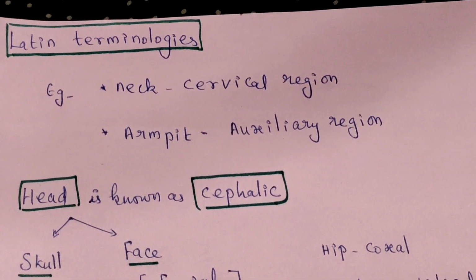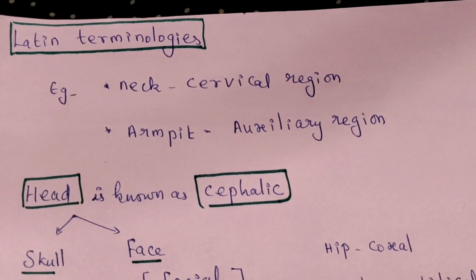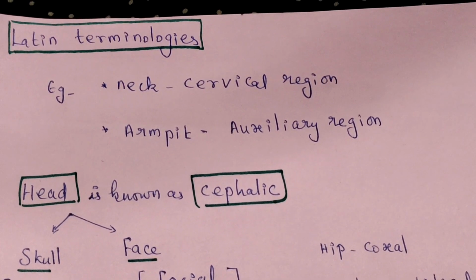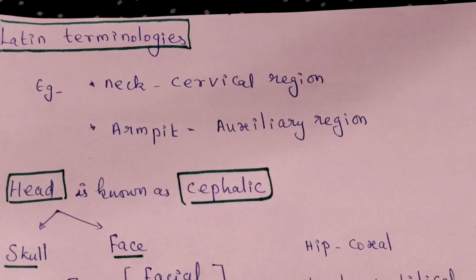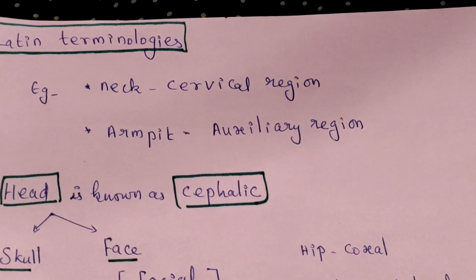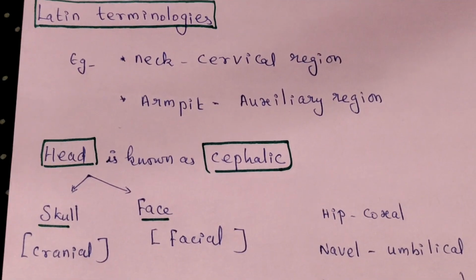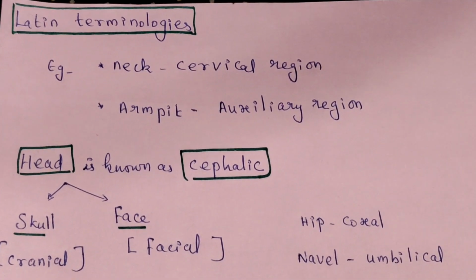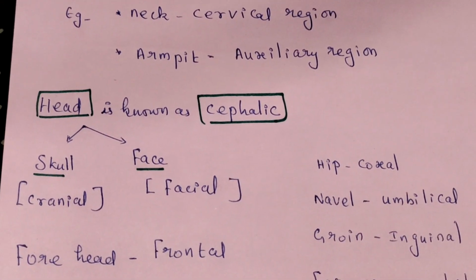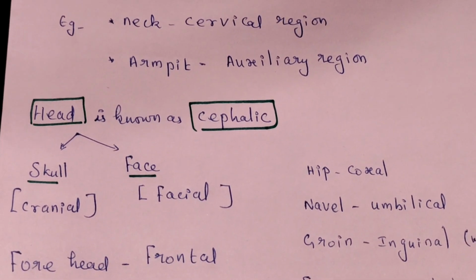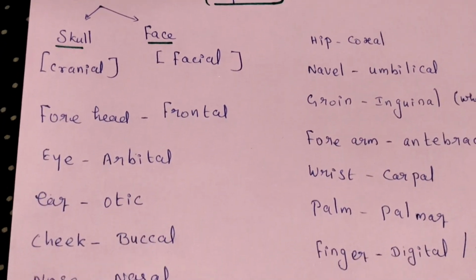We want to use Latin terminology, then only can we easily understand anatomy and physiology. For example, neck means we use the cervical region. Armpit means axillary region. Head is known as cephalic, skull as cranial, face as facial.